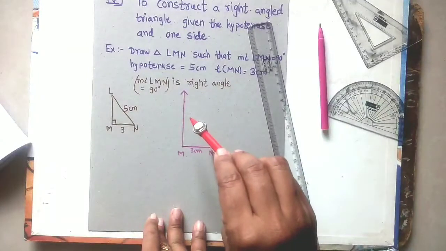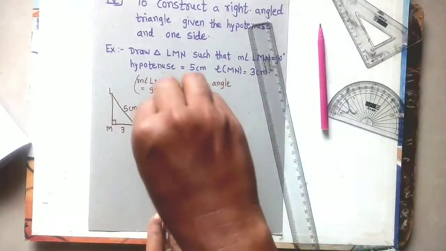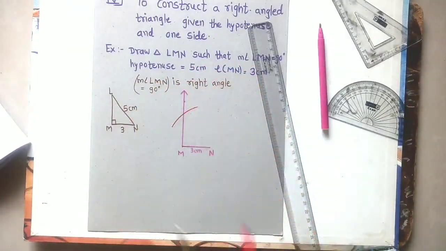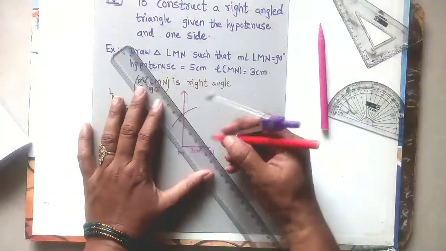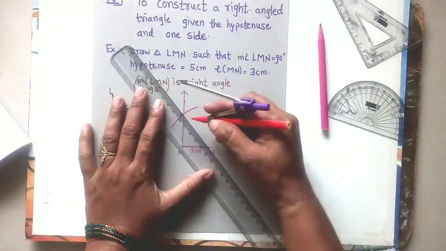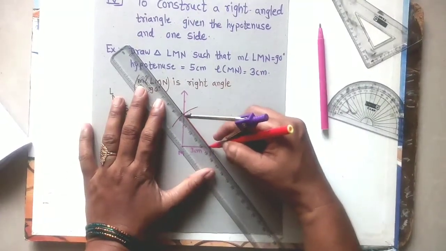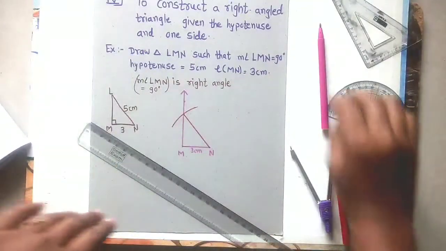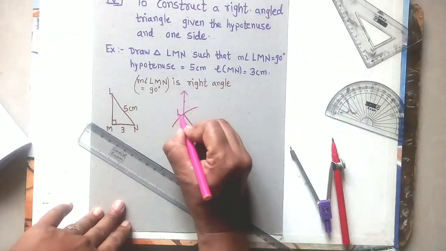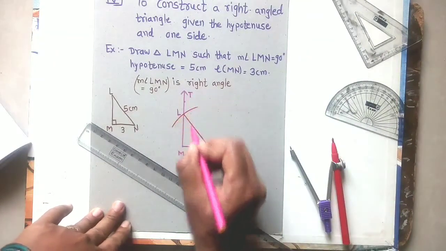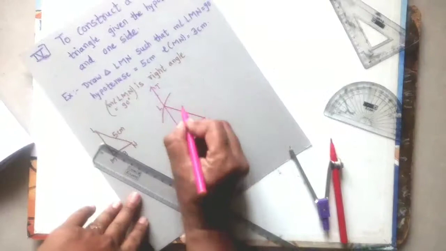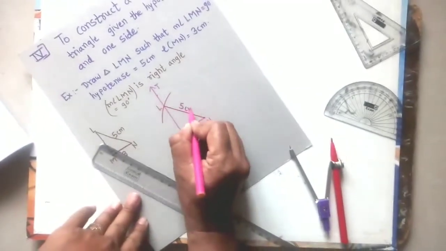Draw an arc to cut seg MT at L. Triangle LMN is the required triangle. Name all points and write the measurements of all sides.